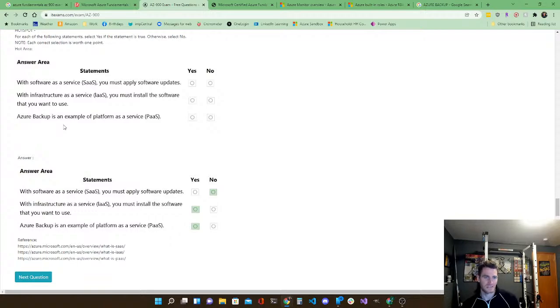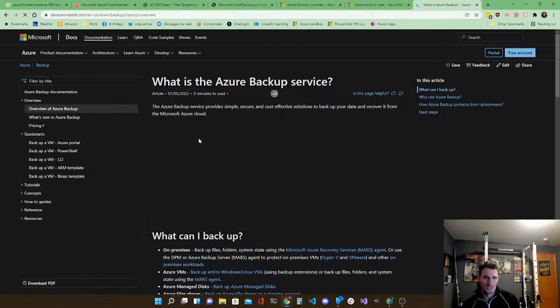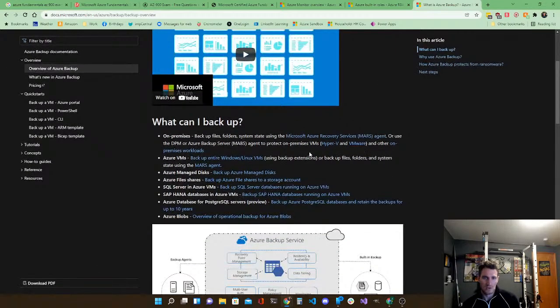And then I guess Azure Backup is platform as a service. So there must be a compute part of it that you are figuring out and choosing what tier you want. The service provides simple, secure, cost-effective solutions to back up your data and recover it. Maybe it's the recovery part of it.